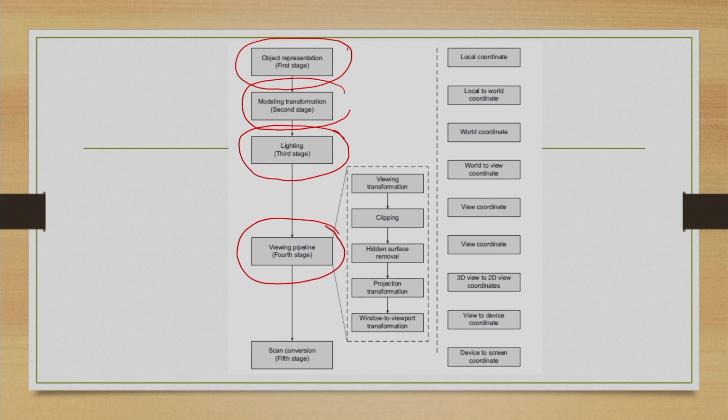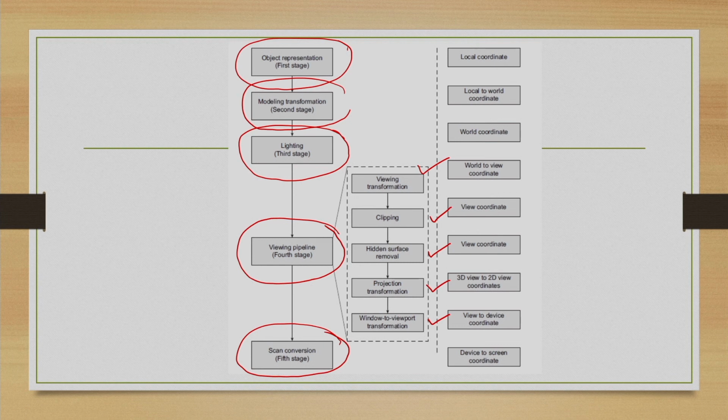The transformation takes place through 5 substages: viewing transformation, clipping, hidden surface removal, projection transformation and window to viewport transformation. And the fifth and final stage is scan conversion. Here we actually map the view plane object to the pixel grid on the screen.